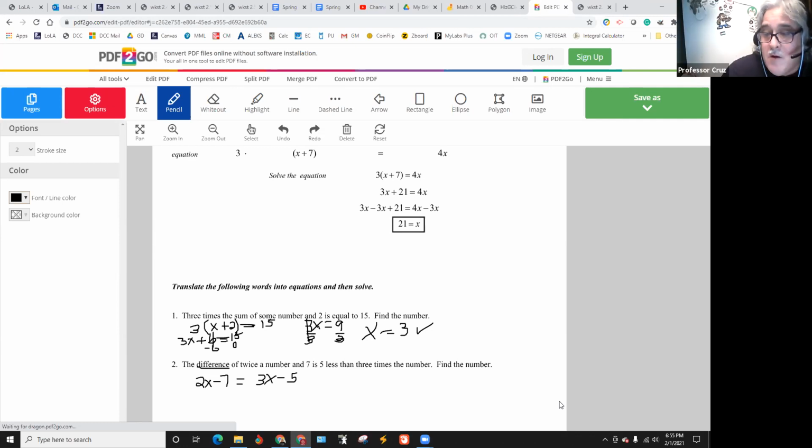Okay, again, it doesn't matter which side we isolate on. Let's do negative 3x, which is going to give us a negative x. And then we're going to add 7 to get rid of that.